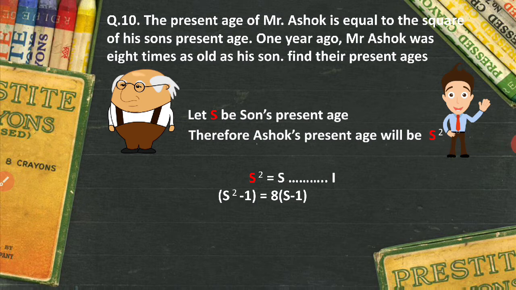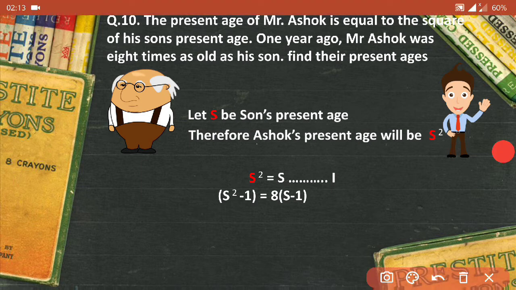So will it be equal? No, they are saying that 1 year ago Ashok was 8 times as old as his son. So 8 times meaning 8 is multiplied. So that's how this is written.